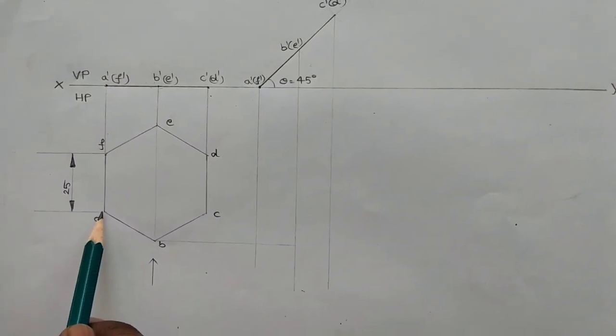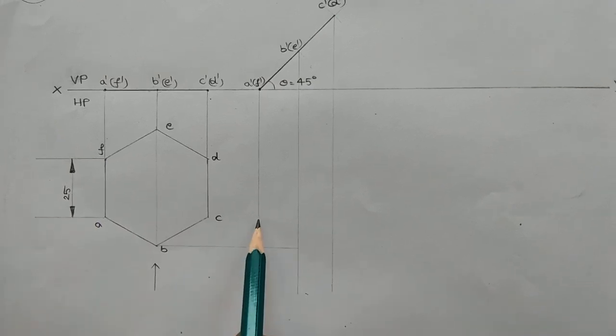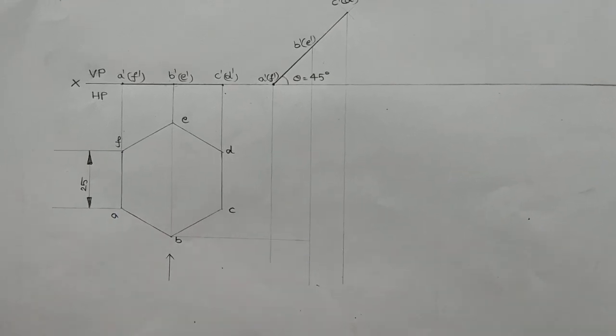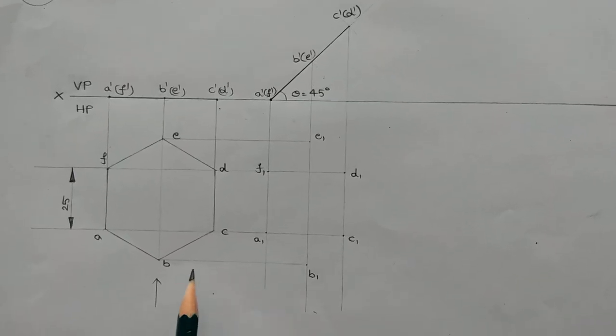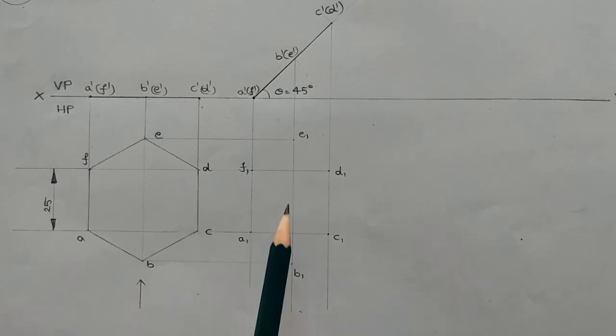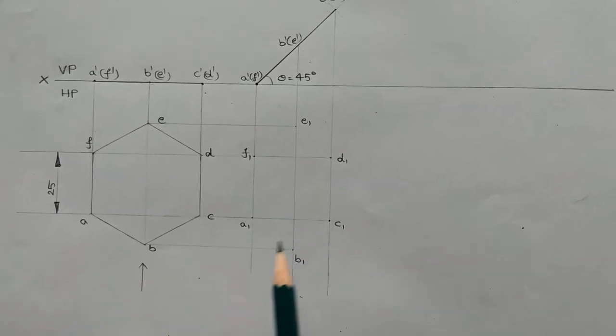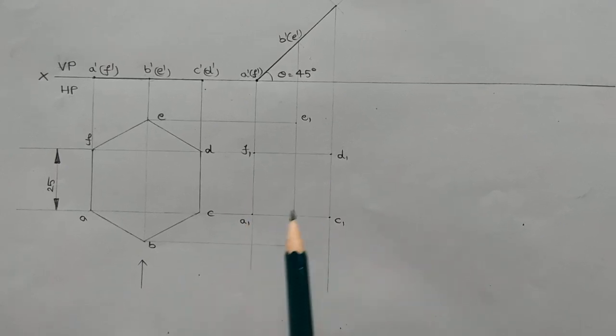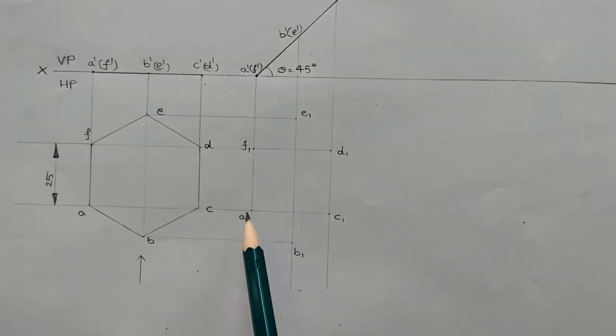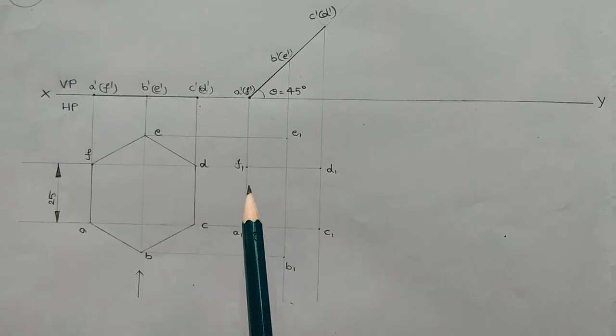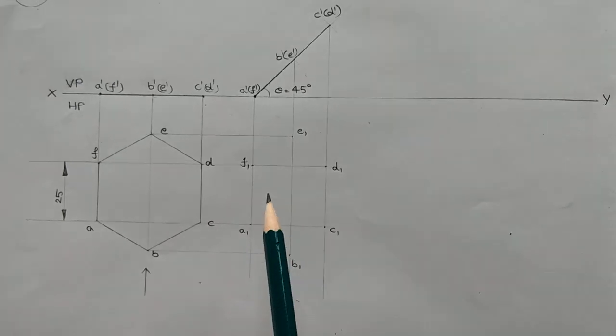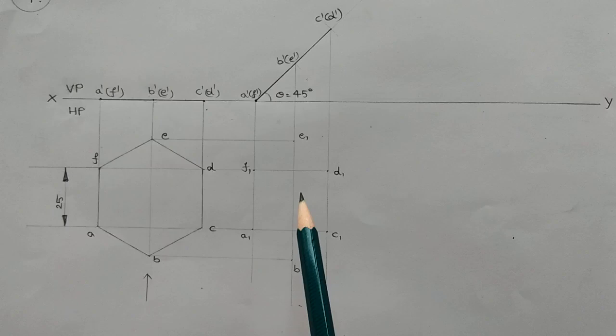That means similarly the A locus line must be intersecting with the projector of A. Finally, in this way we will be getting the intersection of locus line and projector line. Then we will be getting the intersection points A1, B1, C1, D1, E1 and F1. We should add 1 to each letter because this is the result of the second stage.